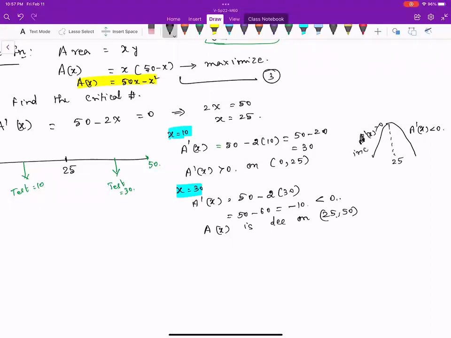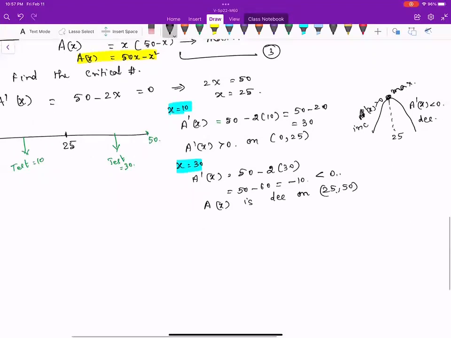Increase, and this is decrease. So that will be a peak. So by first derivative test, A of x has a max at x equal to 25.